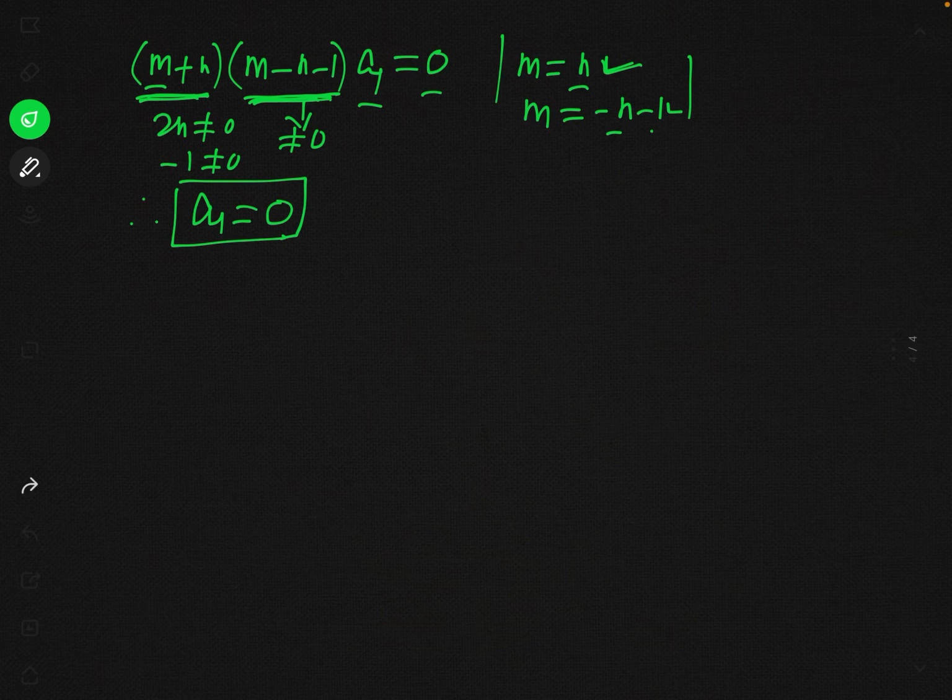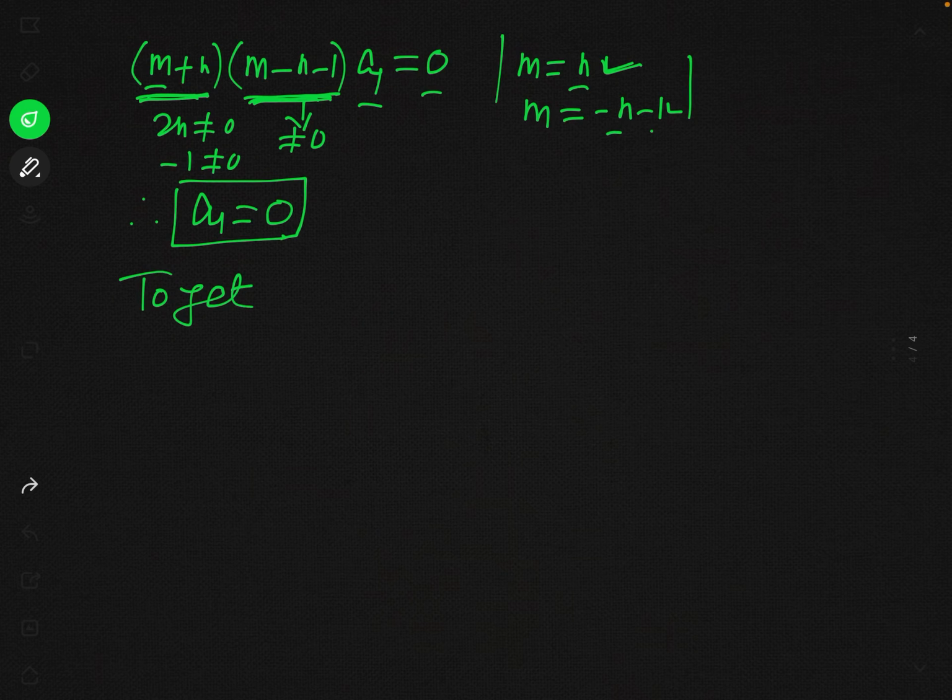Now to get the recurrence relation, to know the higher order coefficients, we will actually equate to 0 the coefficient of a general term. In fact, for that, we equate to 0 the coefficient of x to the power m minus k.